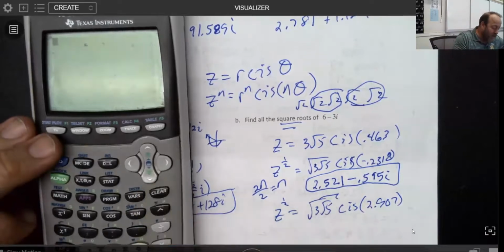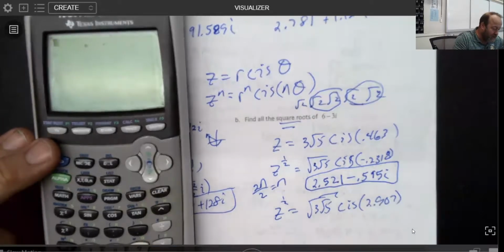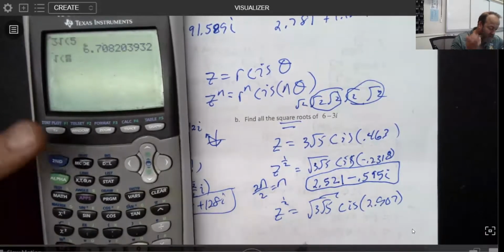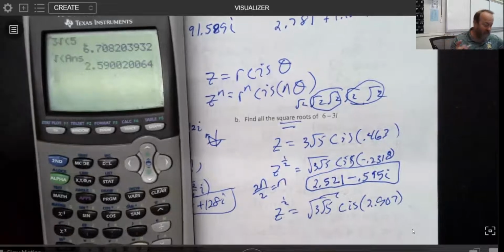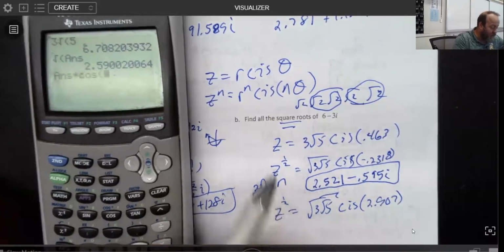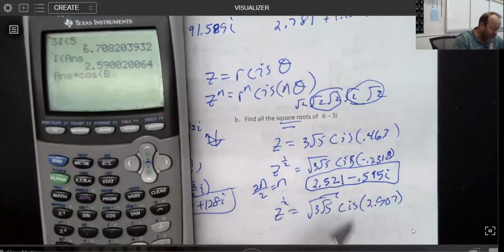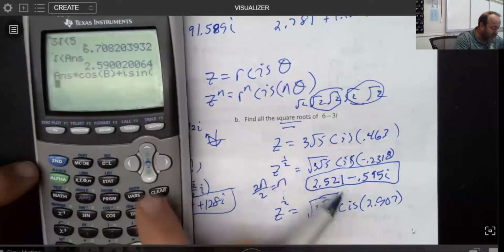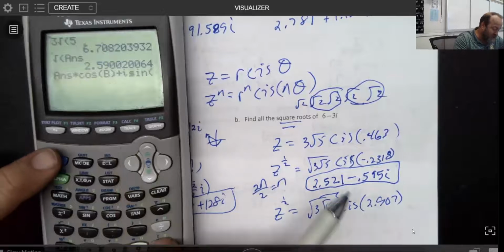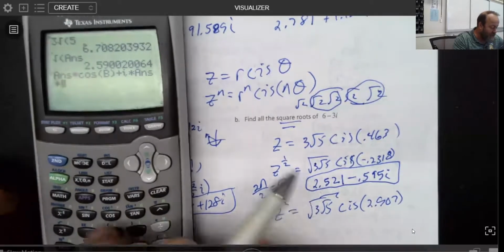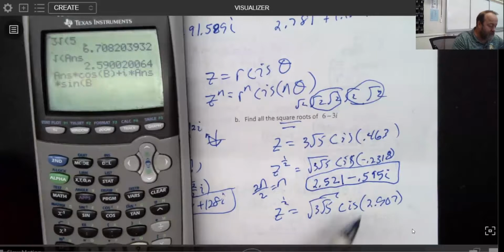Again, we're going to do that same thing down here. We're going to take that 3 root 5 and take the square root of that value, boom, 2.59 again, just like before. But I'm going to multiply that by the cosine of what I stored as B, plus i sine of B, I times the answer, because I had to distribute, times the sine of B. Hopefully this makes sense.